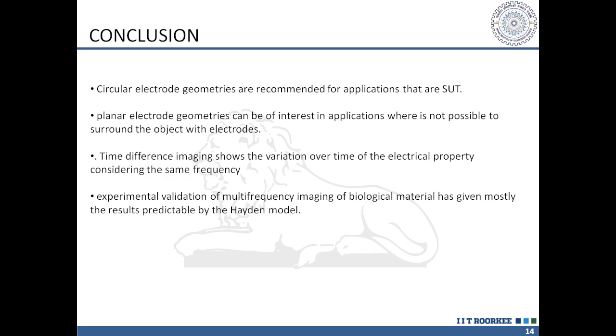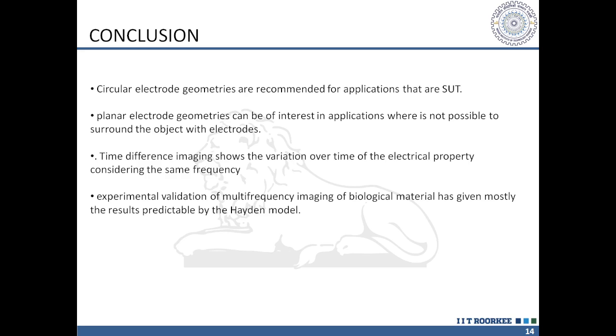So the conclusion is like this: we have to use the circular electrode geometry in any application, which will give uniform voltage data.